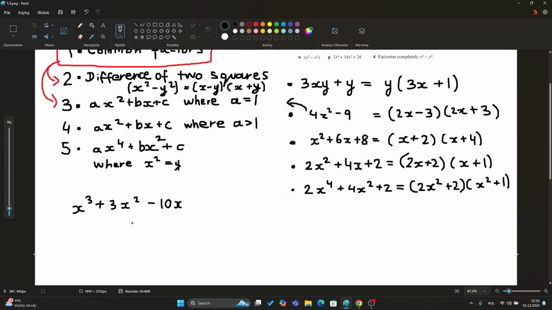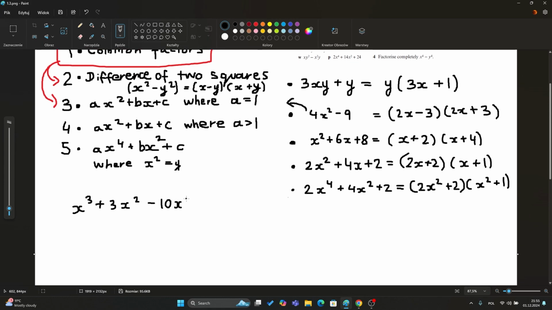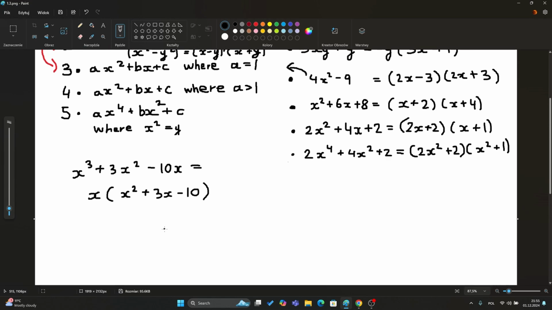Now we've got another expression. What happens here is that we look at the common factors first. Always common factors. The common factor of x cubed, 3x squared and minus 10x is x. So x, and x squared plus 3x minus 10 inside. Now straight away I can see that this is in the form of ax squared plus bx plus c, so we factorize this one.